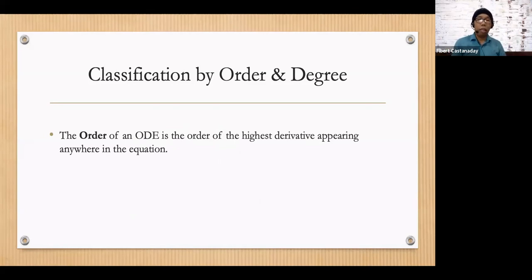We need to be able to identify the order because later on we will be deciding which method is appropriate in solving that differential equation. So you need to understand order and degree. Basically, order only is okay.